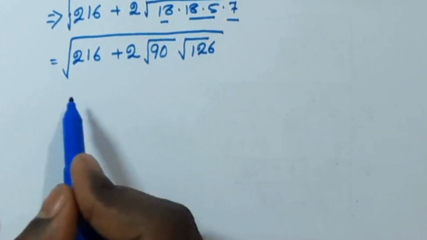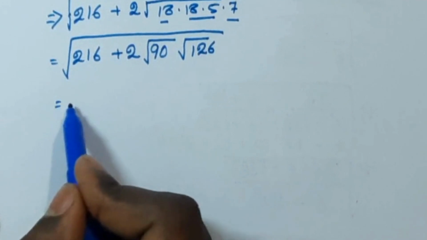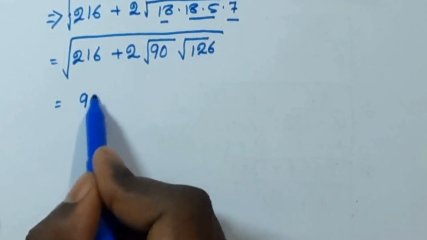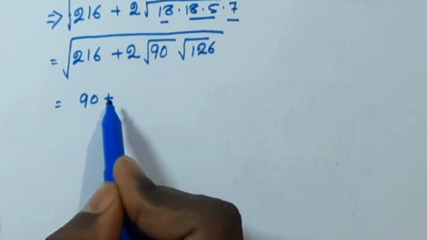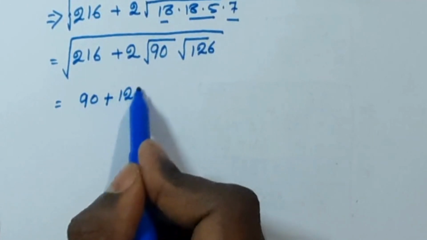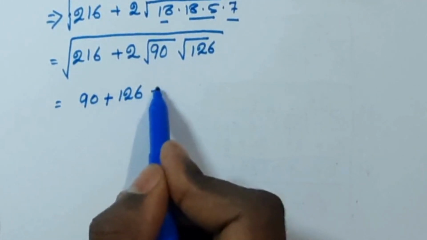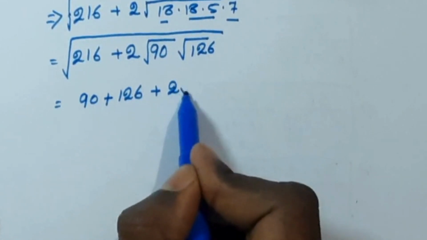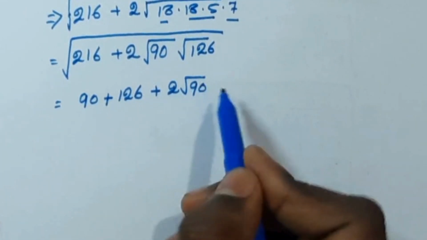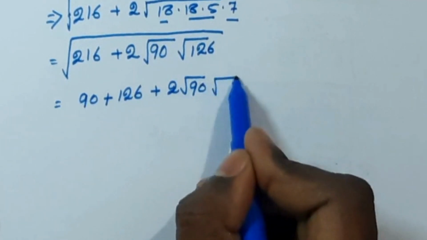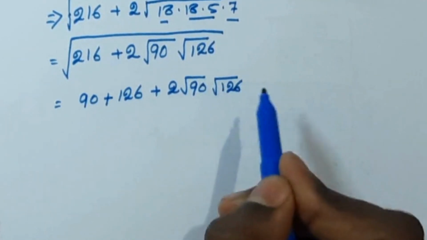This 216 can be written as 90 plus 126 plus 2 times 90 square root of 126.